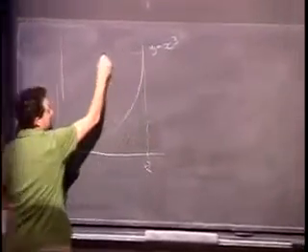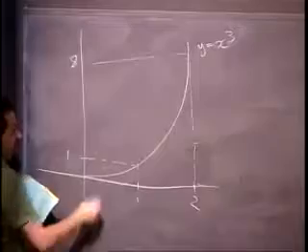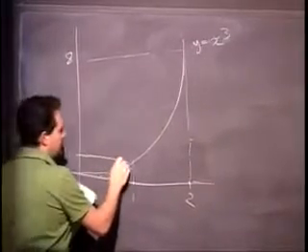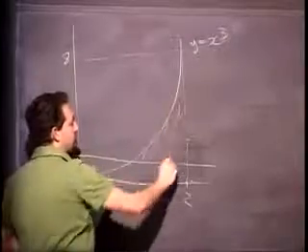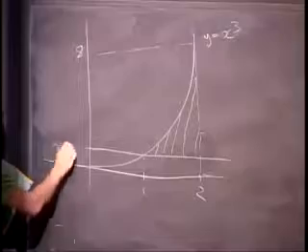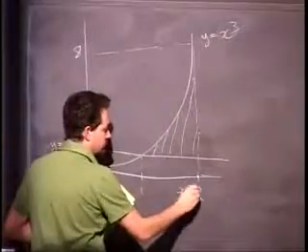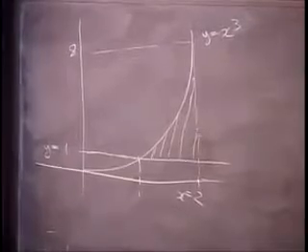Of course, the heights here: 2 cubed is 8, 1 cubed is 1. And I actually want to take the line y equals 1. And so I'm looking at the area between y equals x cubed, the line y equals 1, and the line x equals 2. And so that's a particular region there.